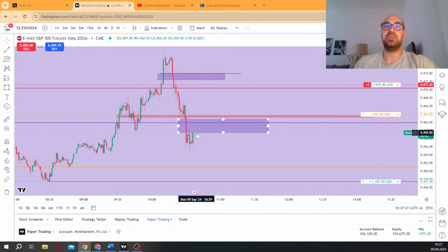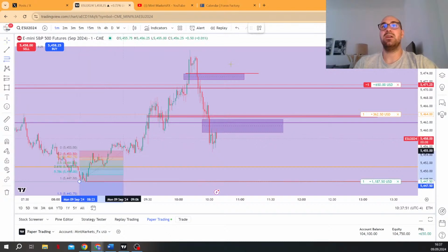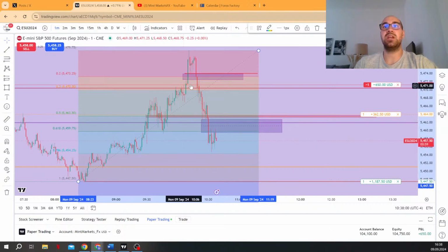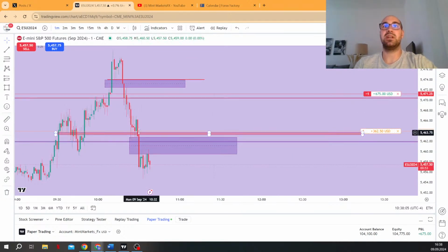And what I really want to see now is I want to see it respect this fair value gap and go lower. It could also be the end of the trade, and the reason why is we had sell side liquidity here. We're below 50% of this range, so it might be the end, but that's why I put my stop loss above here.